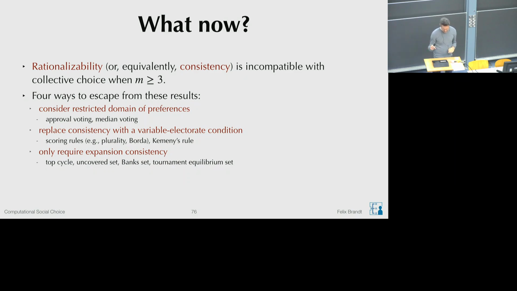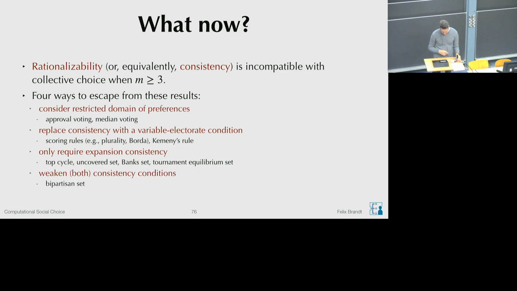And we only take expansion consistency, and this will be the bulk of the course, because there we will characterize many social choice functions that are just based on the pairwise majority relation. They are called the top cycle, uncovered set, Banks set, tournament equilibrium set. So these are all functions that are based on the pairwise majority relation that satisfy expansion consistency conditions.